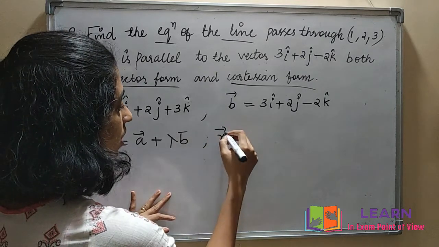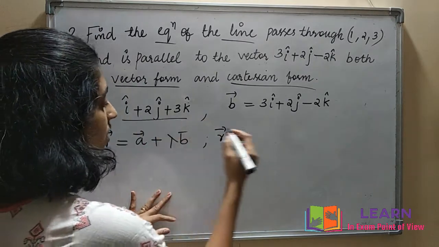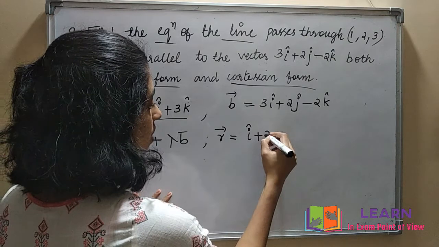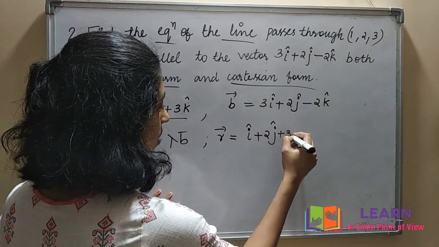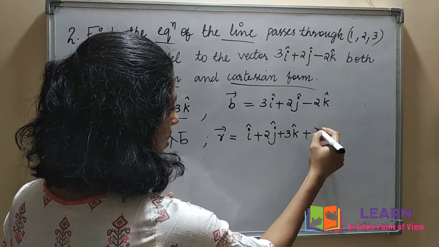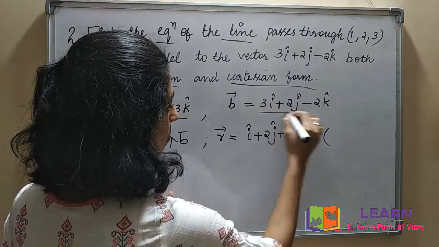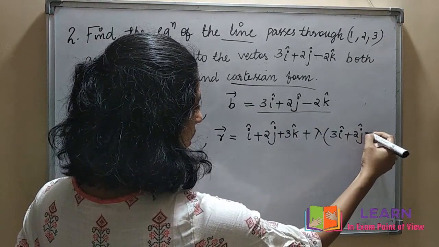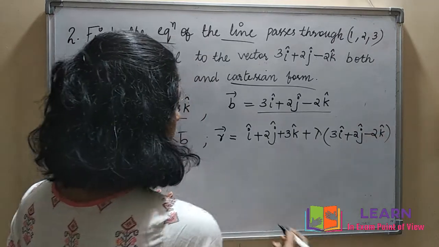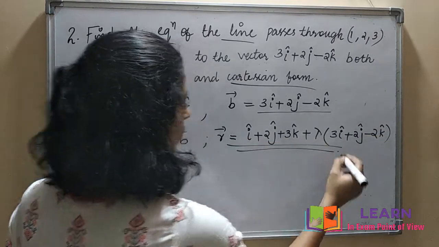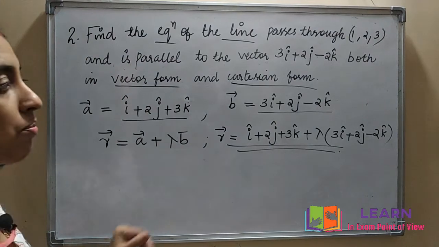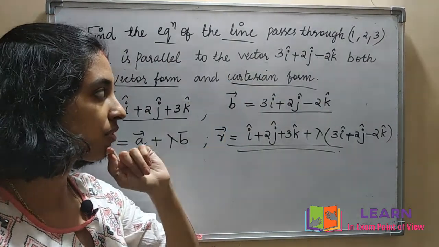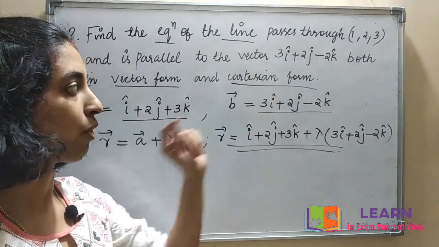Therefore, R vector can be denoted as A vector, that is i plus 2j plus 3k, plus lambda into this one, B vector, 3i plus 2j minus 2k. So this is the vector form of the equation of the line. Now, we need to find the Cartesian form.